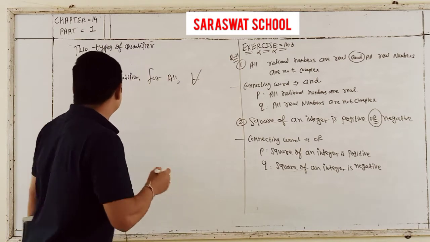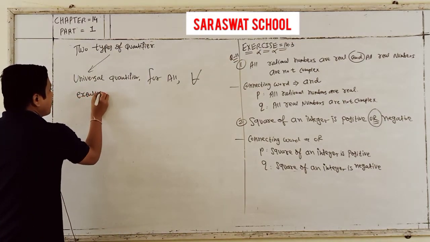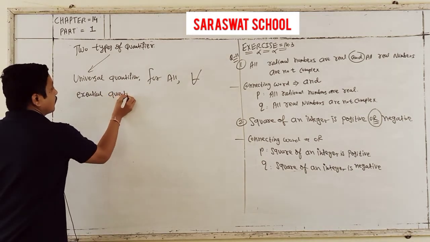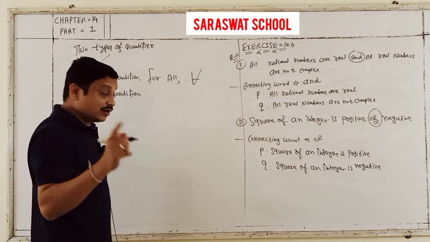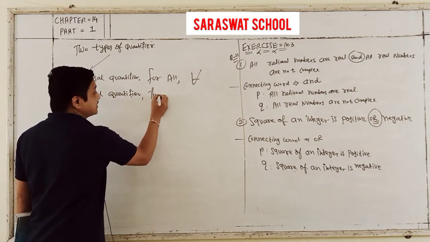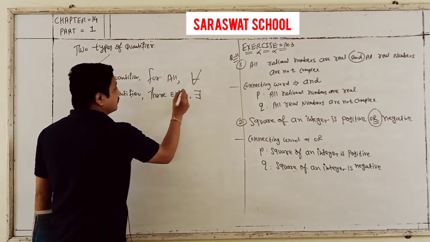And the second type is the existential quantifier. Existential quantifier means for a particular one only, I mean there exists. Either this symbol.